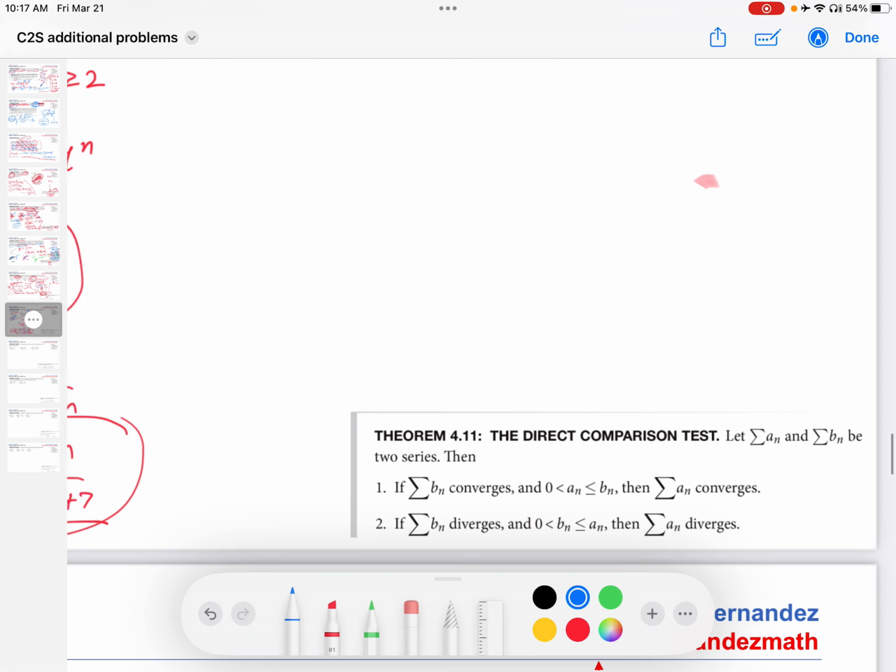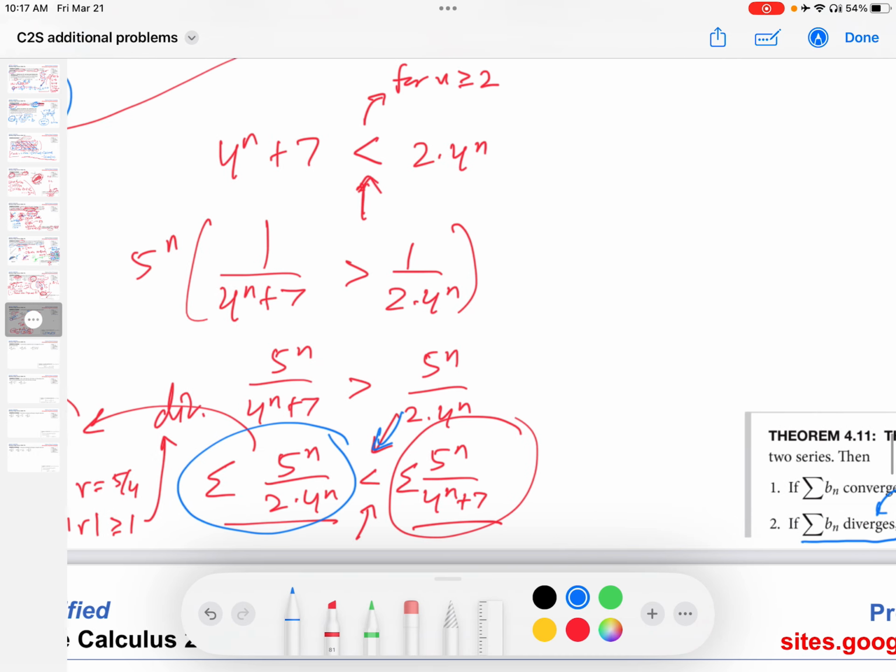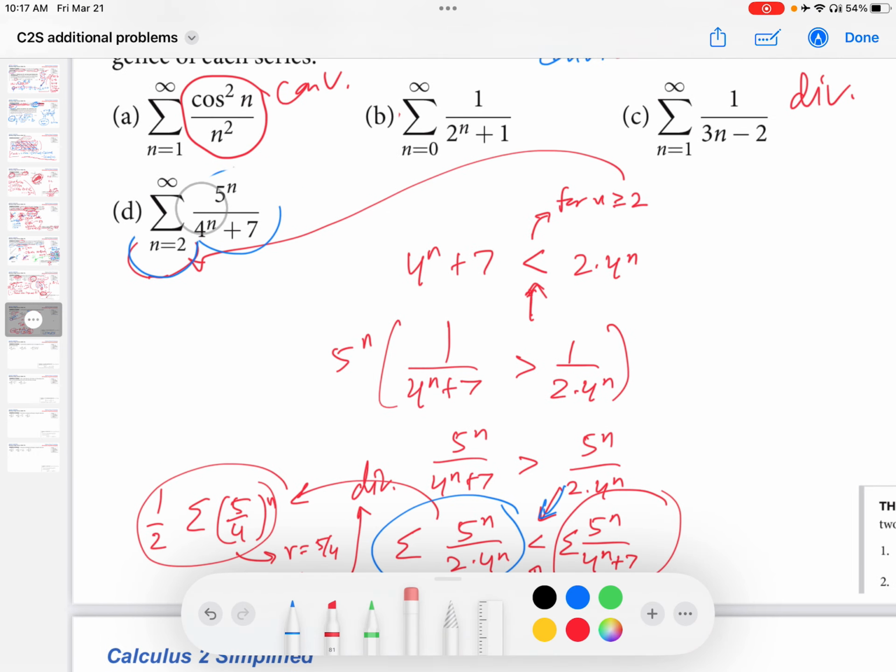So we go back to the direct comparison test. We found a smaller series to the one we're studying, and that smaller series diverges. So the direct comparison test tells us the series we're studying also diverges. So we go back up here, eliminate all the clutter, and conclude that it diverges.